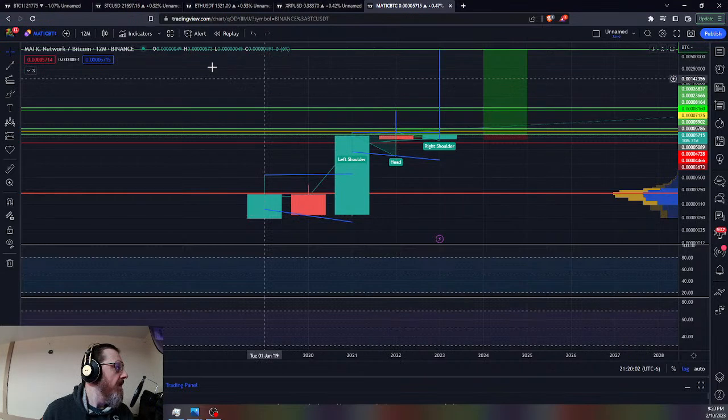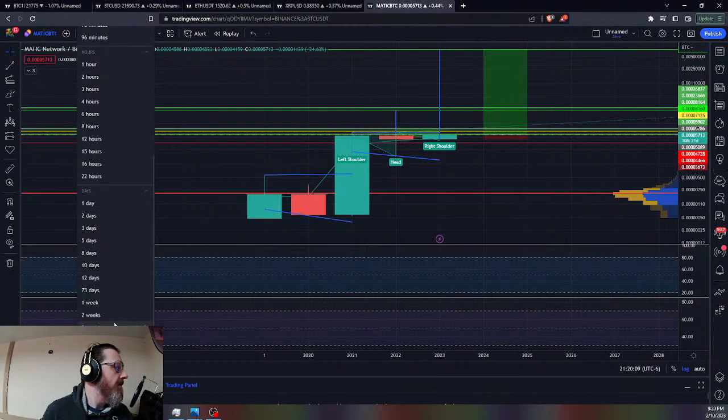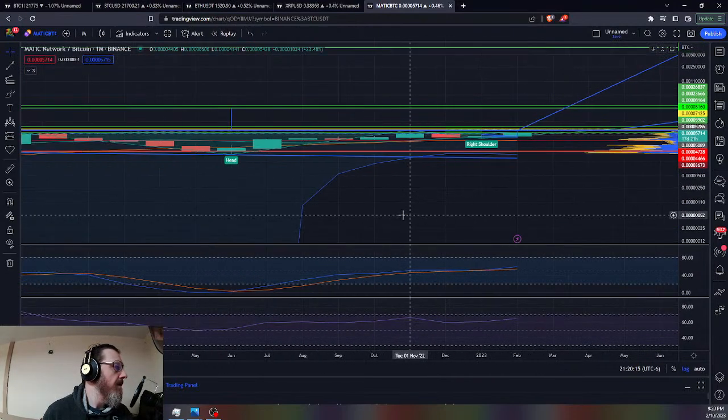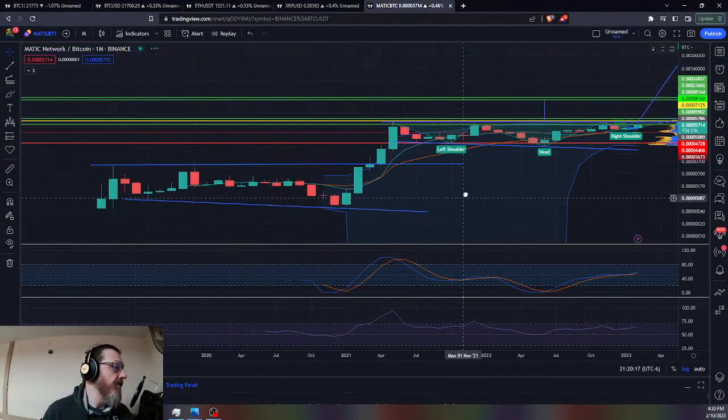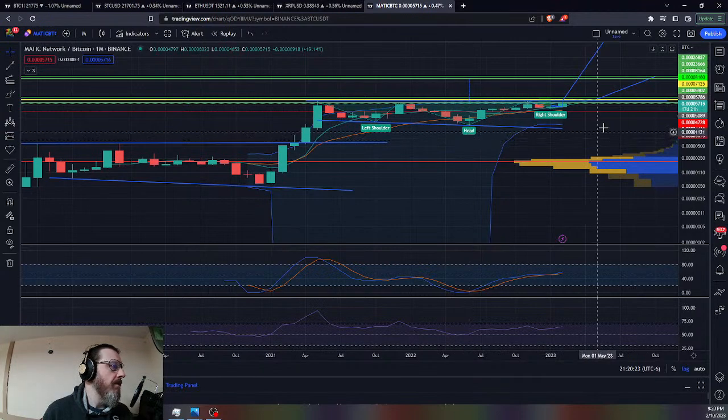That bottom, which was around 33 cents, I believe. And keep in mind, I'm still looking at the Bitcoin chart. But that bottom was back in June, July.